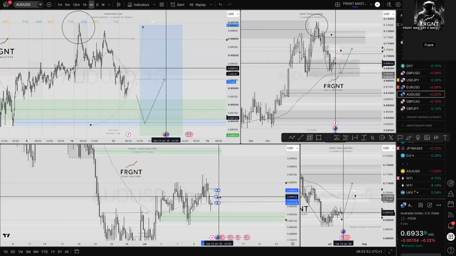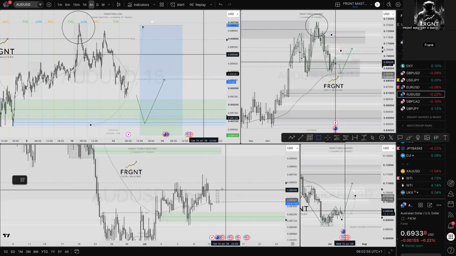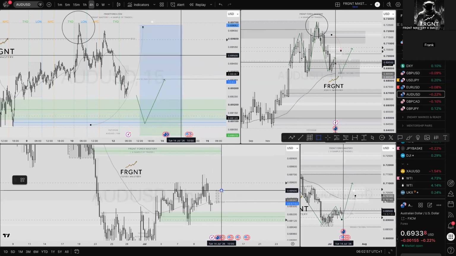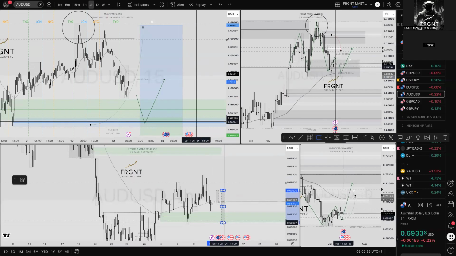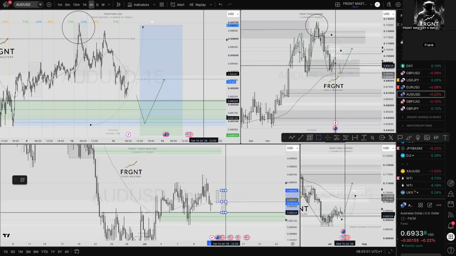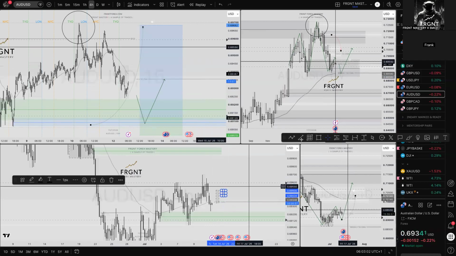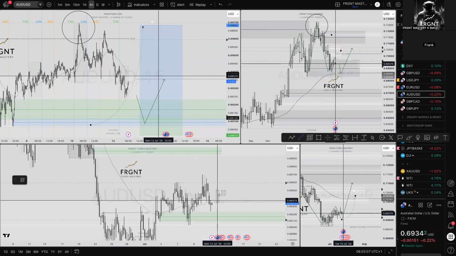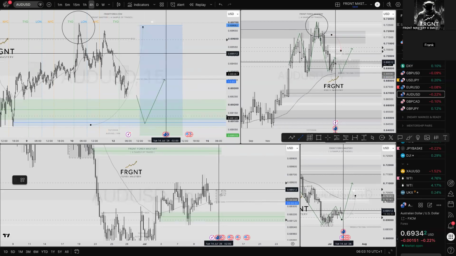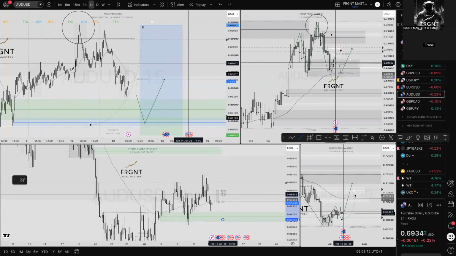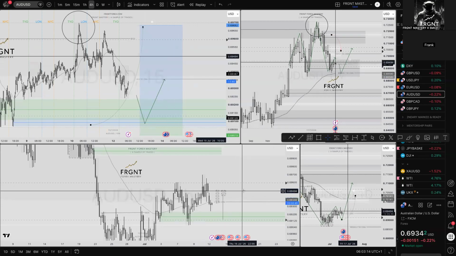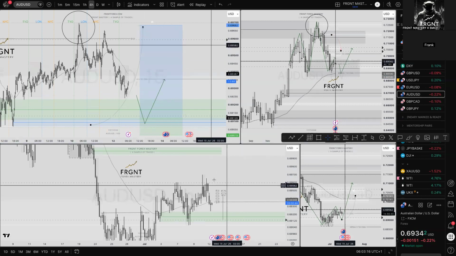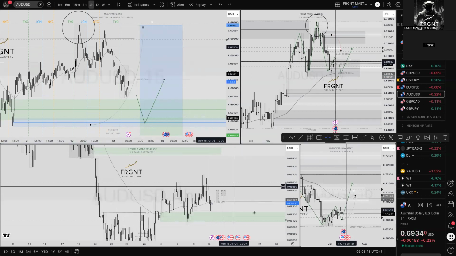Once we then have that break and close above, the next 4-hour candle that opens here, if it's to come back down, I'm then going to expect a rejection to the upside and hope, well, not hope, use the facts of the matter that we've closed above the 4-hour 50 MA with this candle. This next candle should then also close and reject that 4-hour 50 MA to the upside, and we'd have a 4-hour candle formation that looks similar to this.